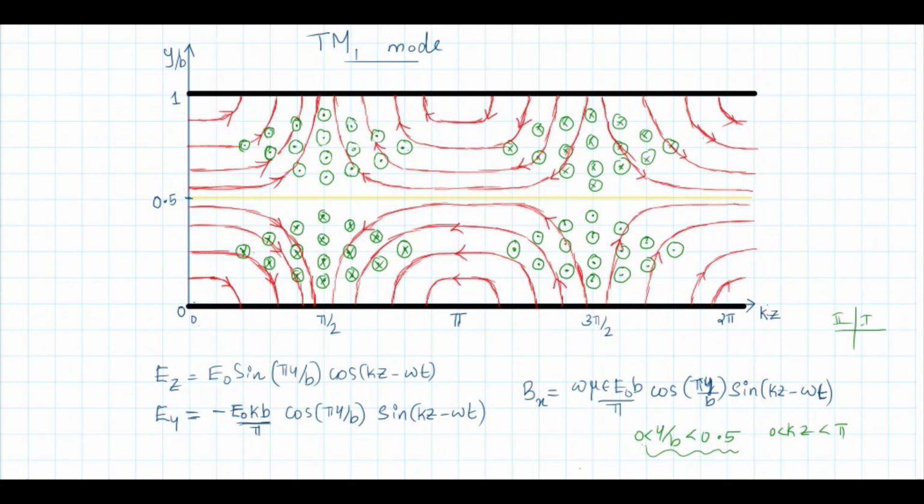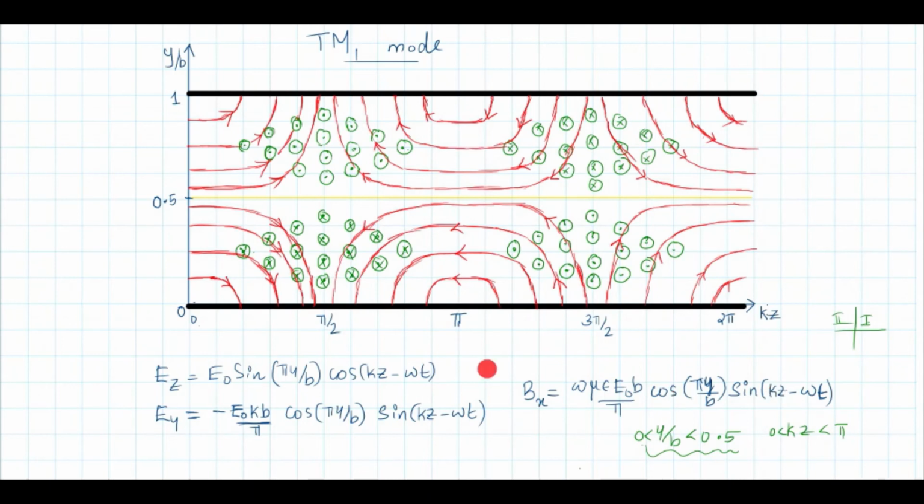In the first quadrant, cos is positive. So both cos term and sine term are positive, from 0 to 0.5 along y and 0 to pi along z direction. In this region, both these terms are positive, that is Bx is positive.